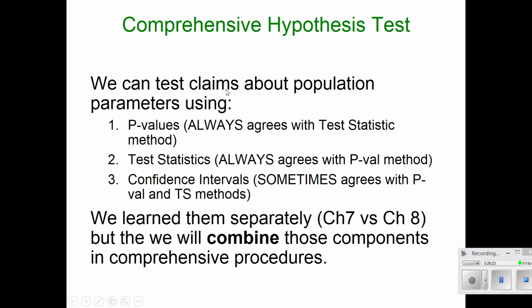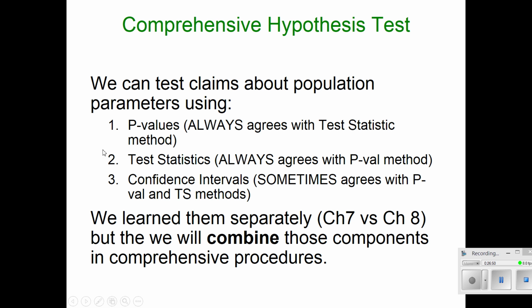We can test claims about population parameters using p-values, test statistics, and confidence intervals. Now, confidence intervals are actually a separate method that we can run alongside a hypothesis test. The hypothesis test compares p-values with alphas, or test statistics with critical values, and they're equivalent methods.